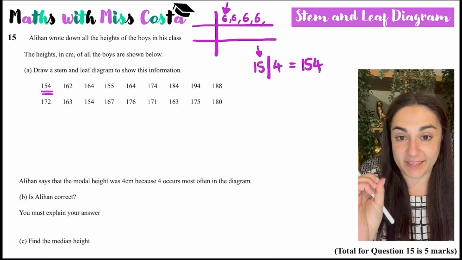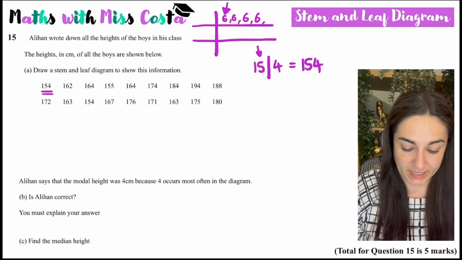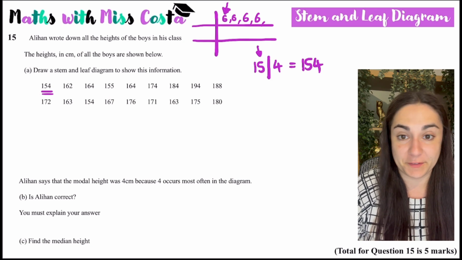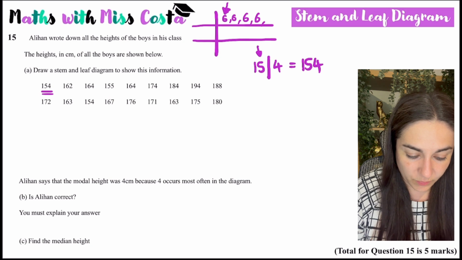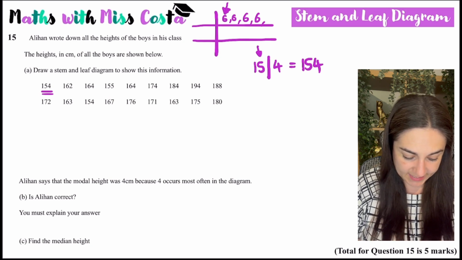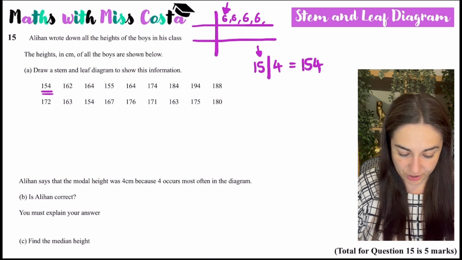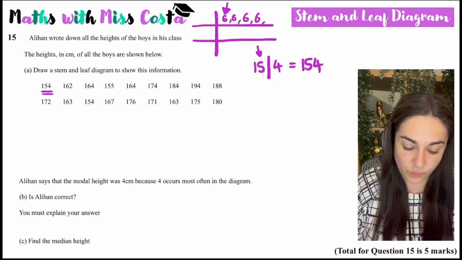Doing a key means you understand what each number means, because it might be that 15 represents 15,000, or you're doing something crazy. So what we want to do is think to ourselves, what's the smallest and the largest value, just because then that will tell us how many rows I need.